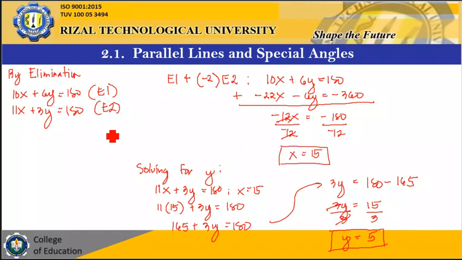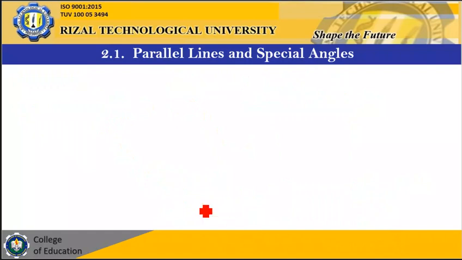Okay, last, we're going to use Cramer's rule. Actually, this one is a topic of linear algebra, and later on we will discuss this as well. But for this presentation, let's just review.